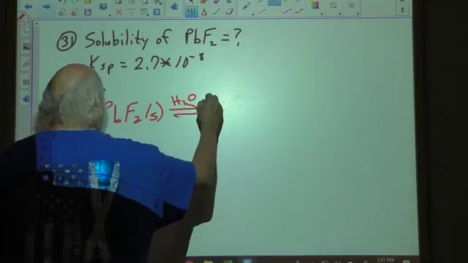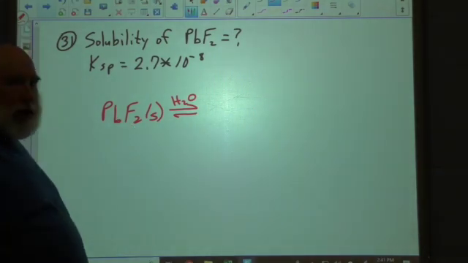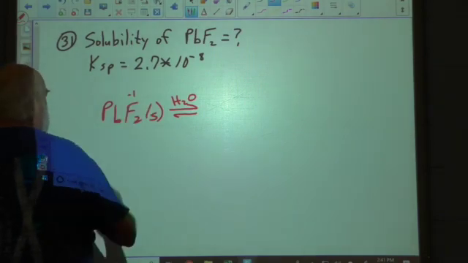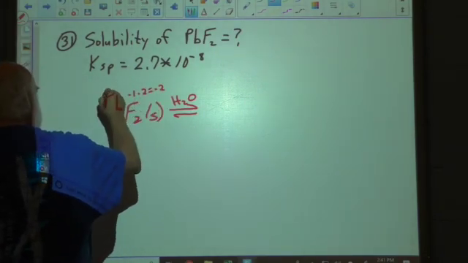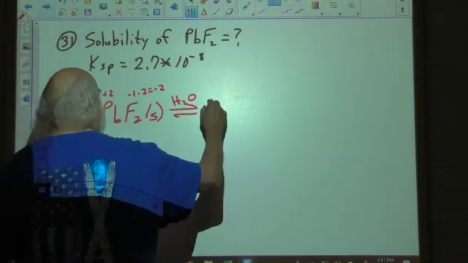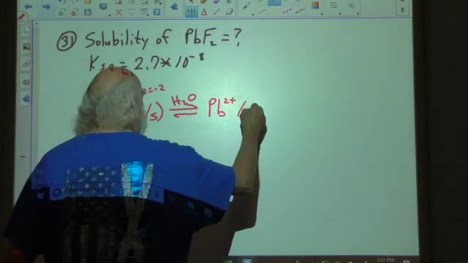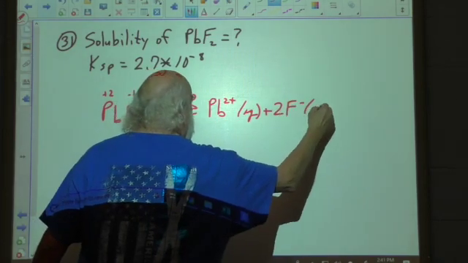Now, lead is a transition metal, has two possible charges, either positive 2 or positive 4. Since you know that fluorine is -1, times 2 is -2, that means lead is positive 2. So, this is going to be Pb 2 positive aqueous plus 2F negative aqueous.